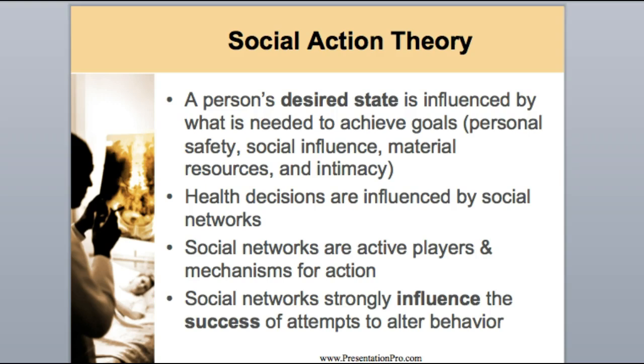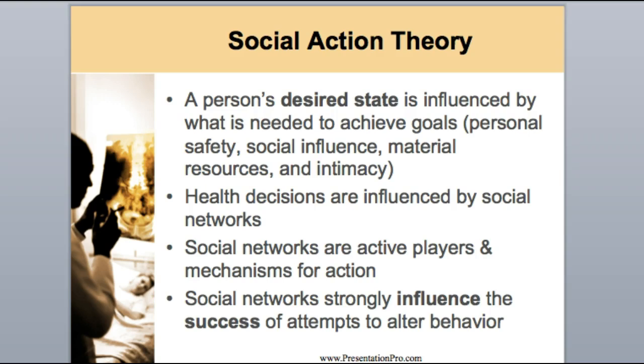In the social action theory, a person's desired state is influenced by what is needed to achieve the goal. Is personal safety needed? Is social influence needed to achieve that goal? Are material resources the desired need? How about the need for intimacy?